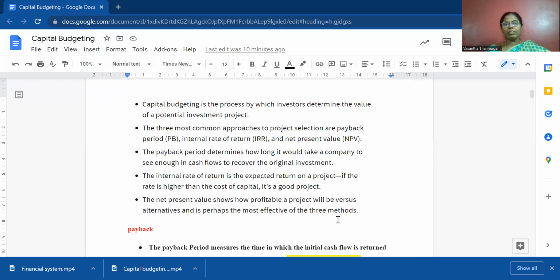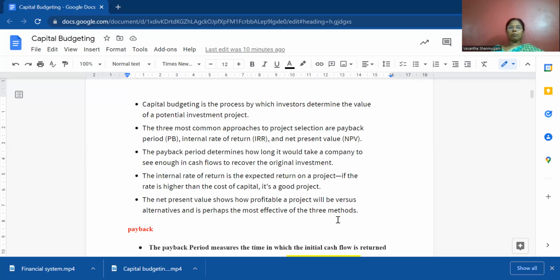For example, project A, the payback period is 5 years. Project B, the payback period is 3 years. So it means that project B is able to generate a cash inflow of 50 lakhs within a period of 3 years.